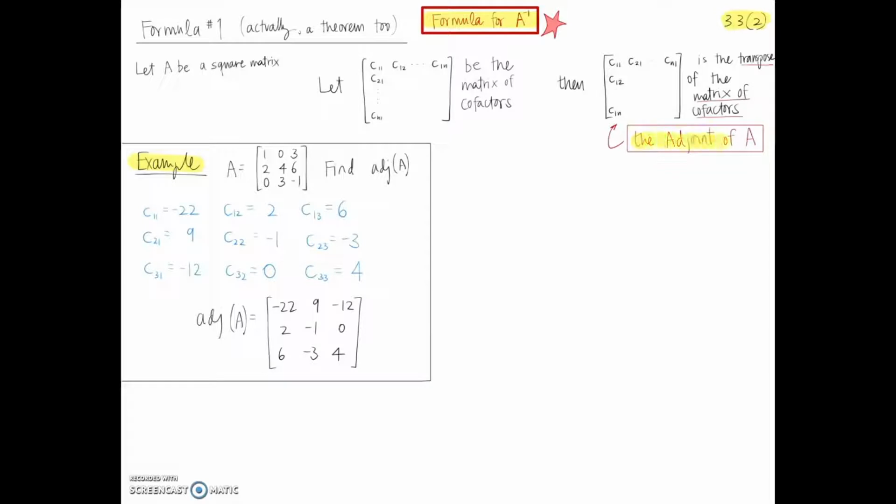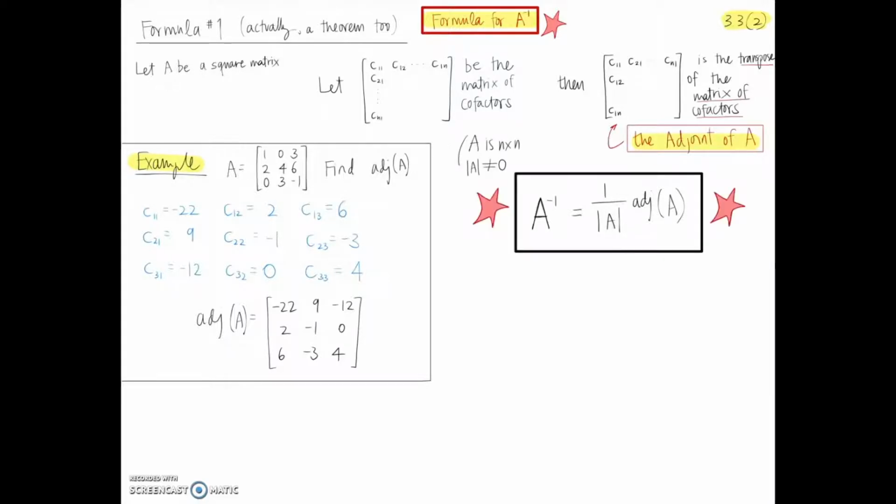Once you know what the adjoint of a matrix is, it's relatively easy to find the inverse of the matrix, and I'm going to give you the formula for A inverse right now. So A inverse is equal to 1 over the determinant of A times the adjoint of A. And we're going to assume that A is n by n and that the determinant of A is not equal to 0.